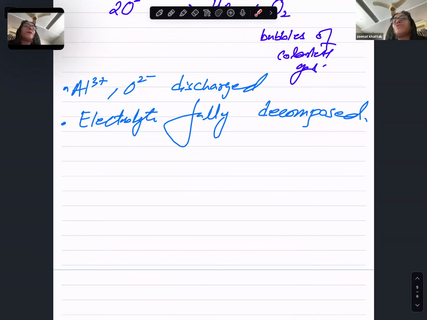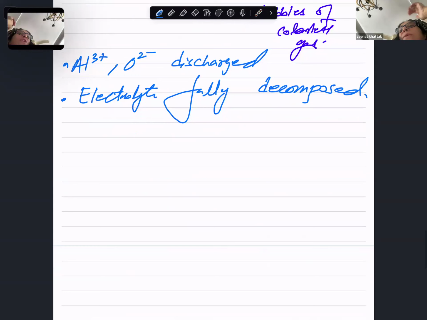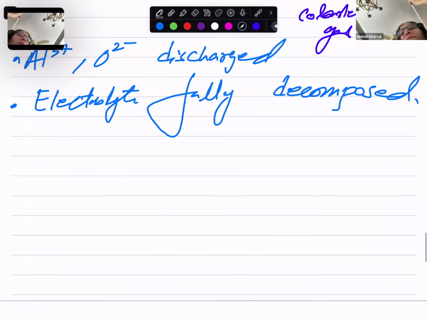Now, electrolysis of molten. We have two types of electrolyte, or we can say we have two cases. What are the two cases?